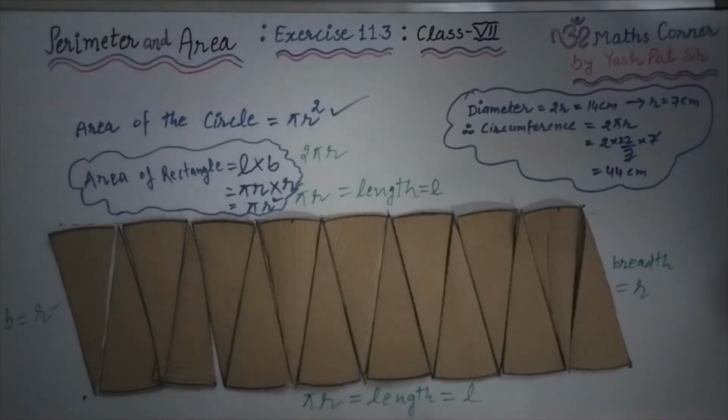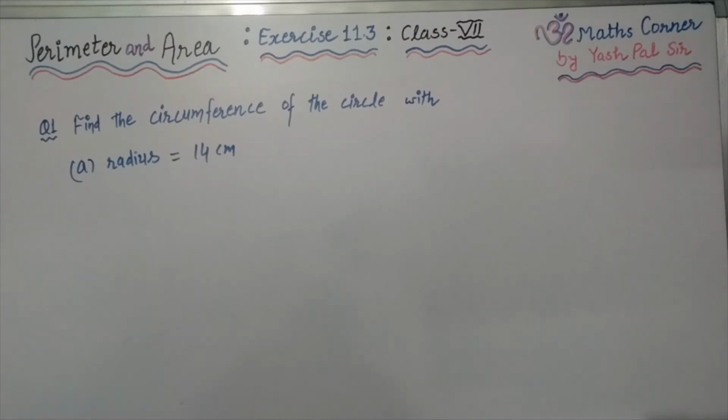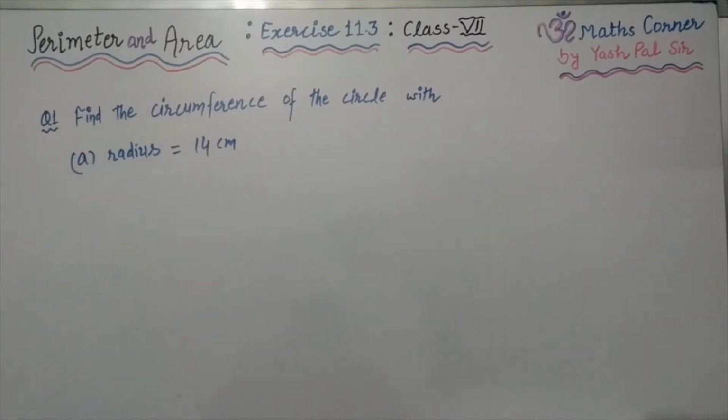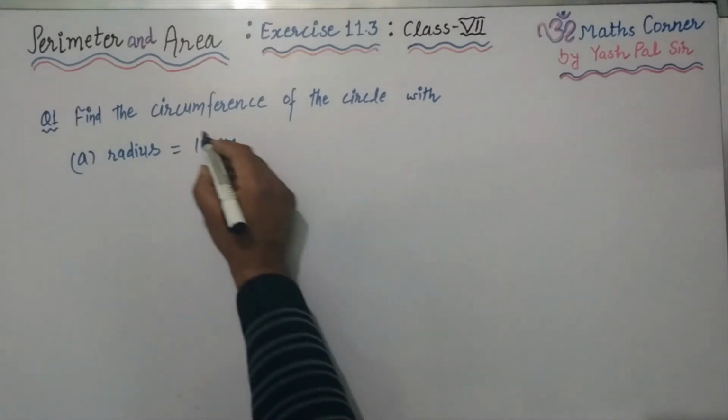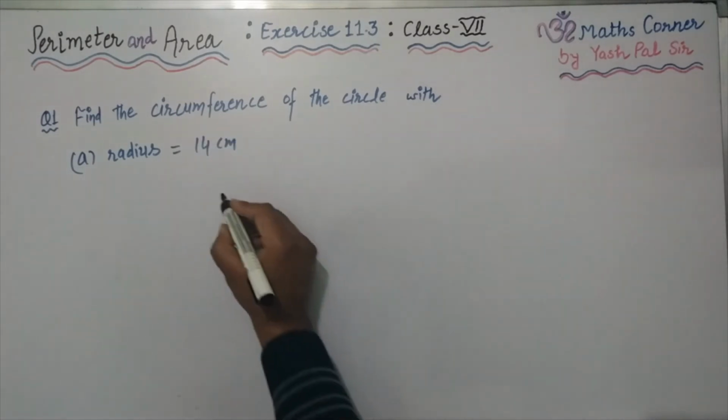Now we shall proceed towards the questions of exercise 11.3. The very first question of the exercise is: find the circumference of the circle with radius equal to 14 centimeters. So what do we know about the formula of the circumference of a circle?